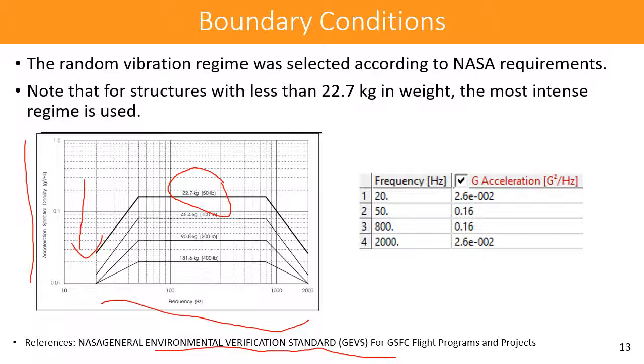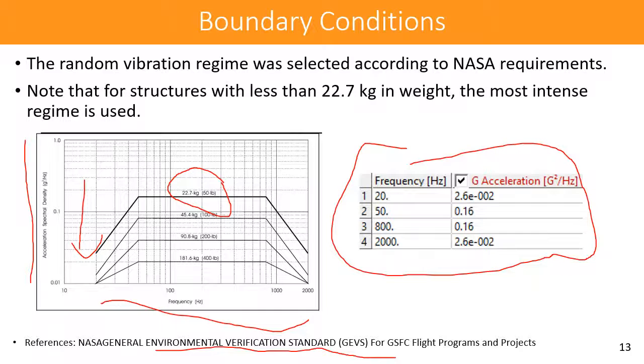So this is how the data is input on ANSYS. You can see the first step is at 20 Hz and 0.026, and then 50 Hz to 0.16 G squared per Hz, and then it's flat up to 100 and 0.16, and then it goes down again at 2000 Hz.